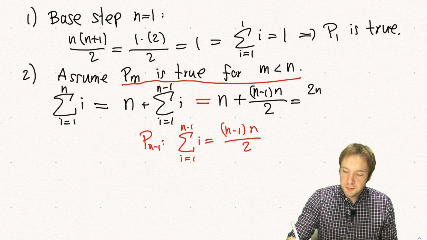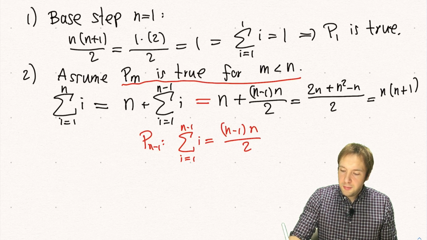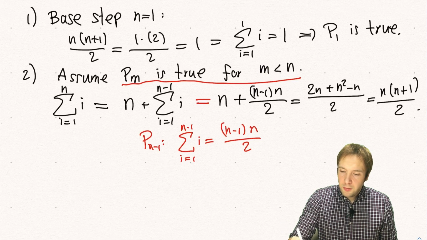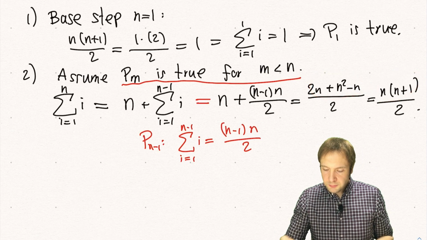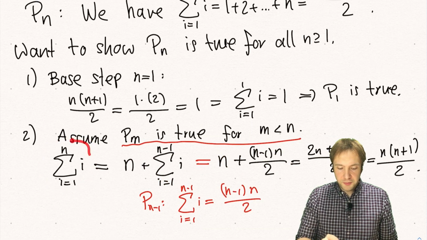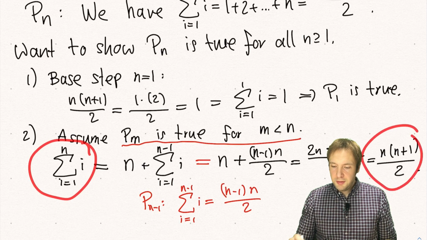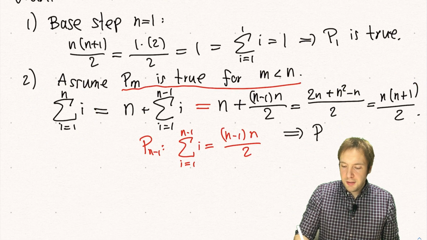We get this is 2n plus n squared minus n over 2, and this is n times n plus 1 over 2 after factoring this here. And therefore we showed that Pn is true because now we have the statement that this sum equals this, so we have Pn is true.